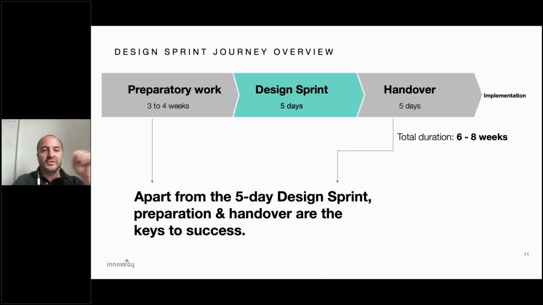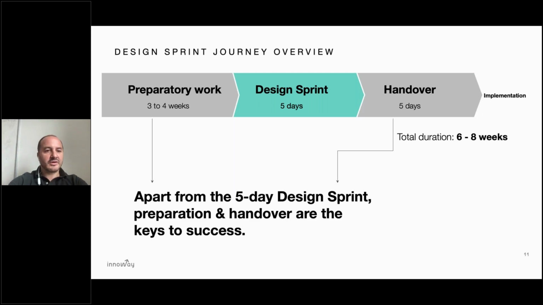What we do in addition to the design sprint, which is the main event of 5 days, is that we have added, based on our experience, 2 more phases, one at the beginning and one at the end, because we consider that those complete the whole project, the whole engagement with our clients.